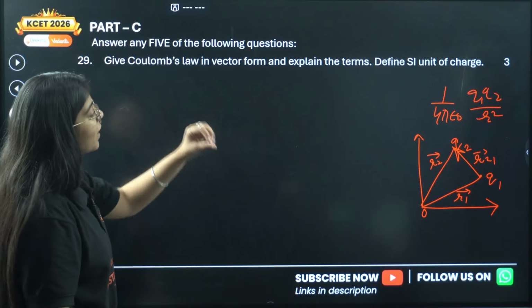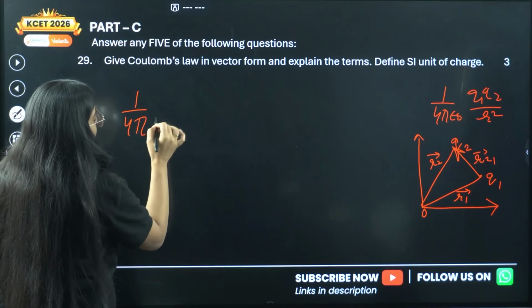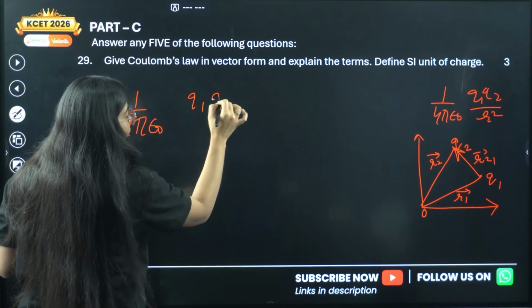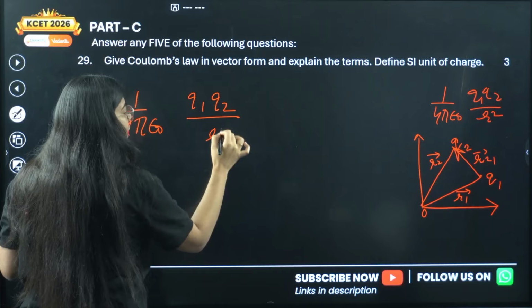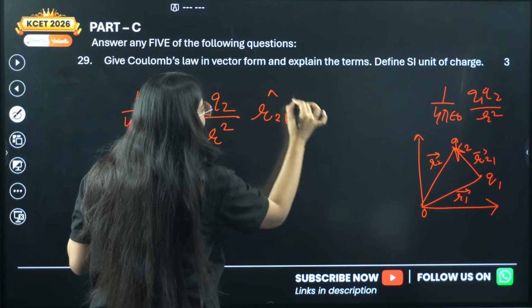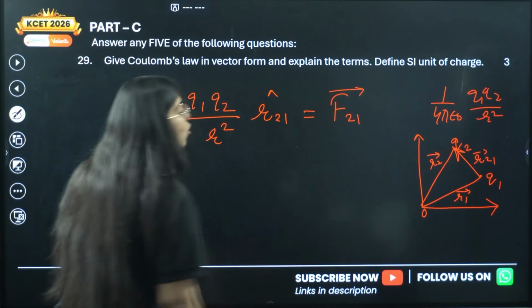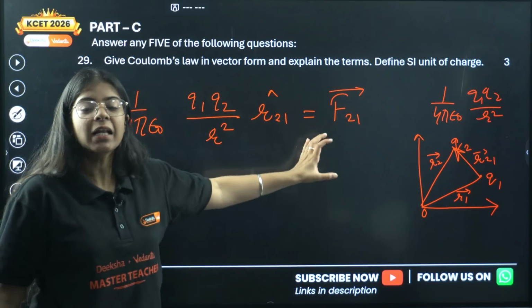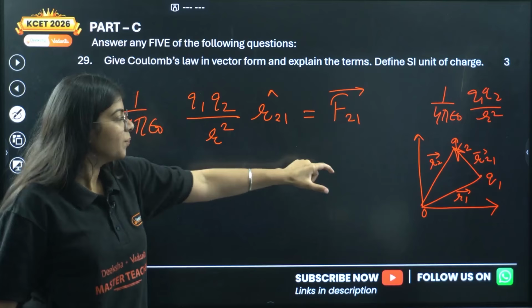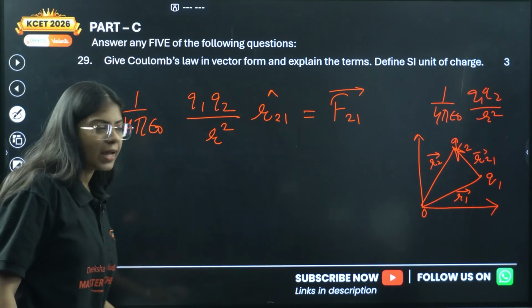So what will now be the vector form? That will be 1 by 4 pi epsilon naught Q1 Q2 by R square, but it will be R21 cap, and this will be equal to F21, that is the force on the second particle due to the first particle. Correct?